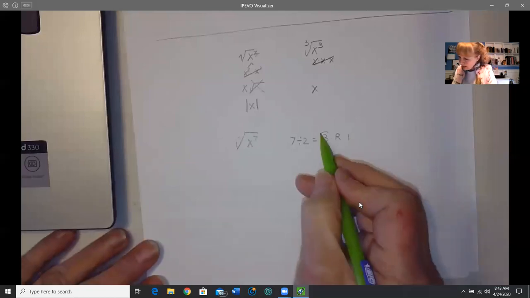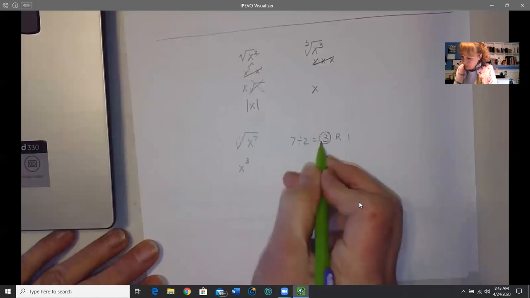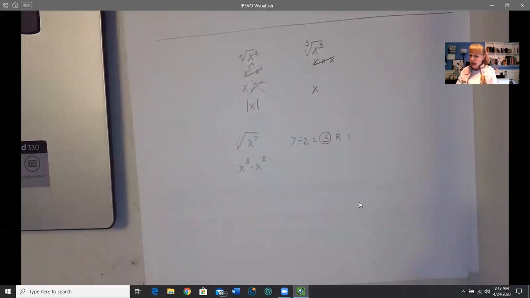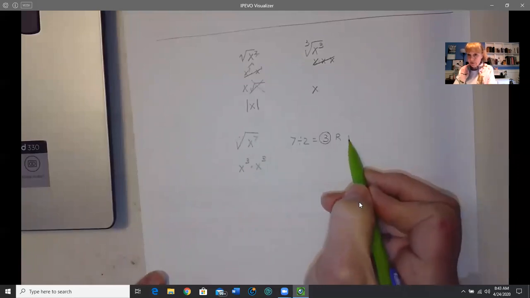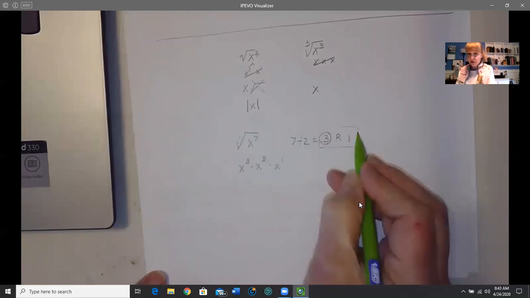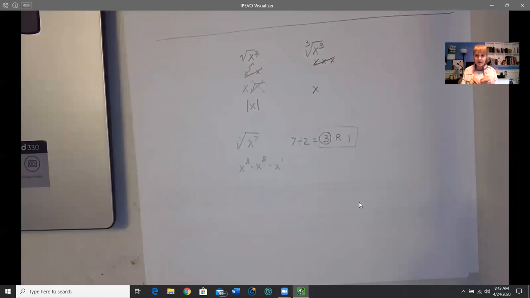So this right here means I have 2 of those. Okay, I have 2 x cubes. And I'm going to have 1 x to the 1st. So what I'm finding when I do this division are the exponents I'm going to be using as I break that x to the 7th down.